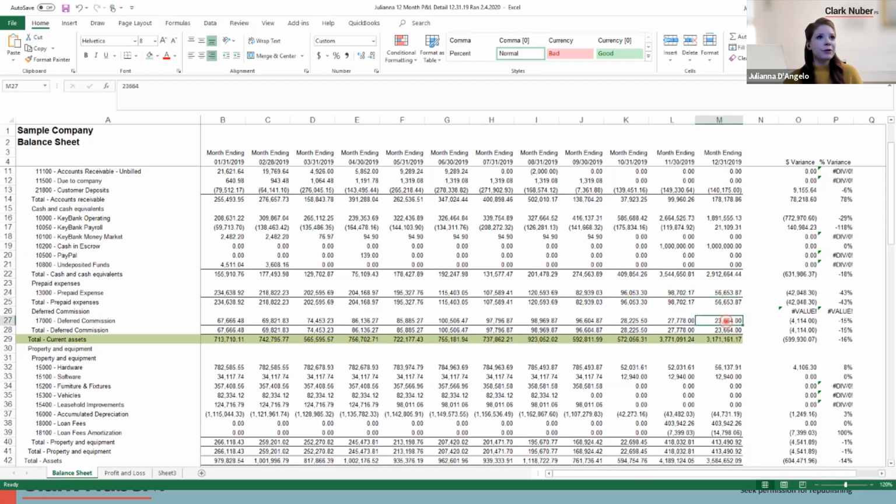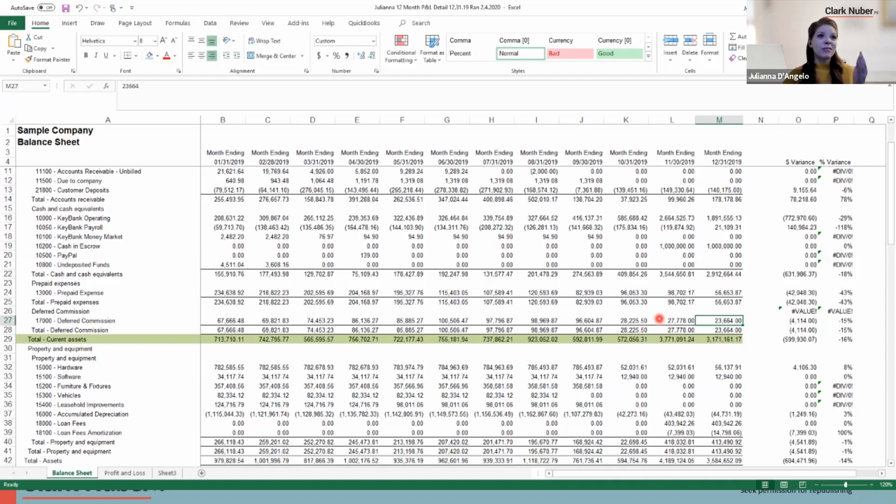And same with deferred commissions, there would be a schedule to support what that actually means, because in theory, you're booking journal entries to this every month. And this is a line item to match the commissions with the contracts that they're being earned on. So if the contract is over the course of the year, the thought is that the commission is going to be earned over the course of the year. So you recognize it over the course of the year. So there needs to be support for that. So A, you know what entries to book every month.